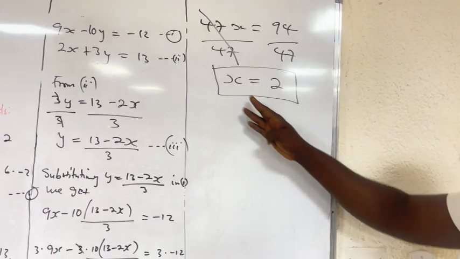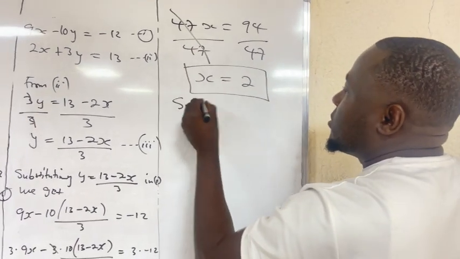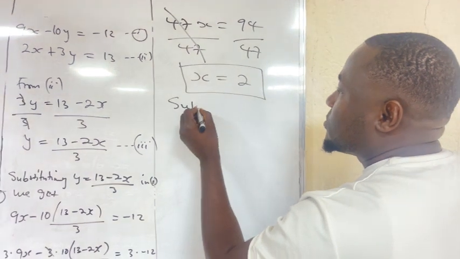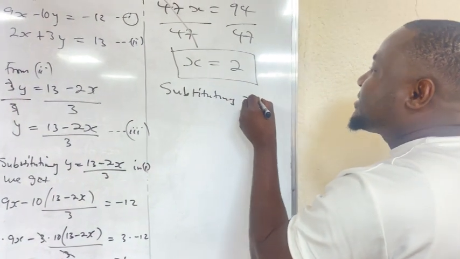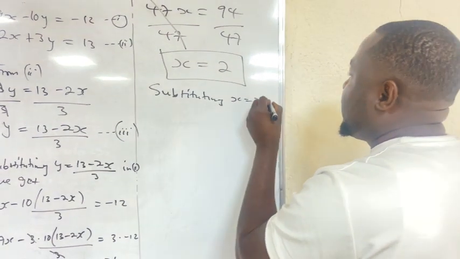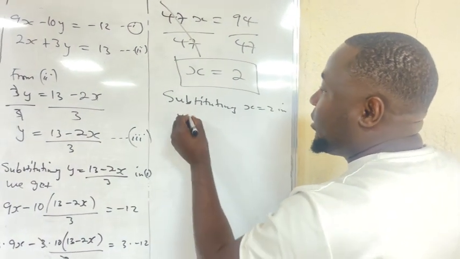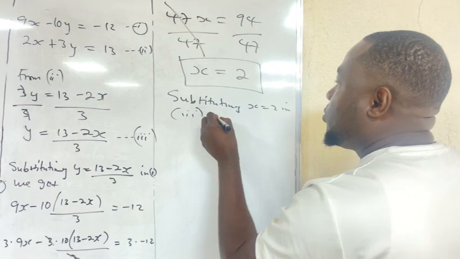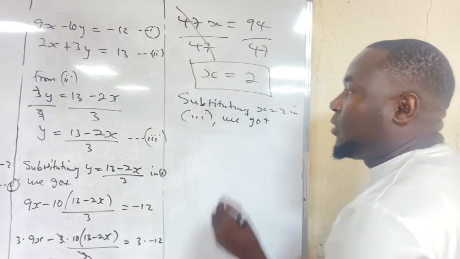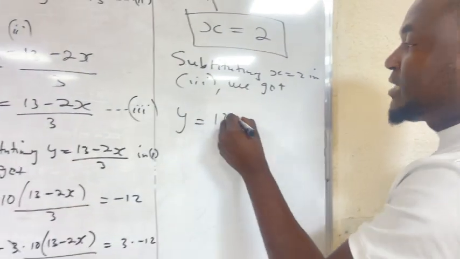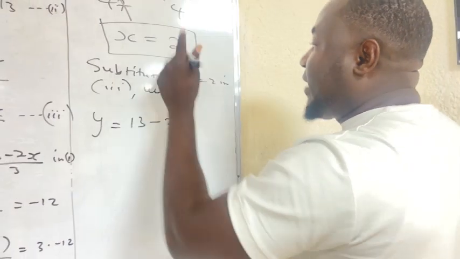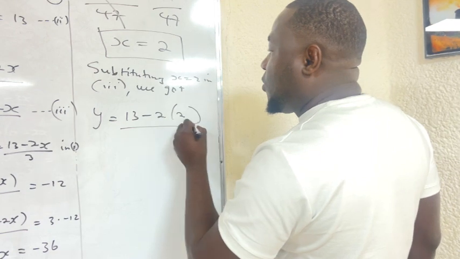So substituting x is equal to 2 in equation 3, we get y is equal to 13 minus 2 times x, where the value of x is 2, over 3.